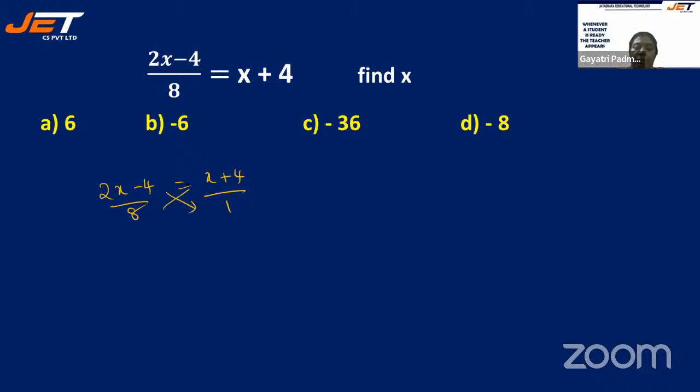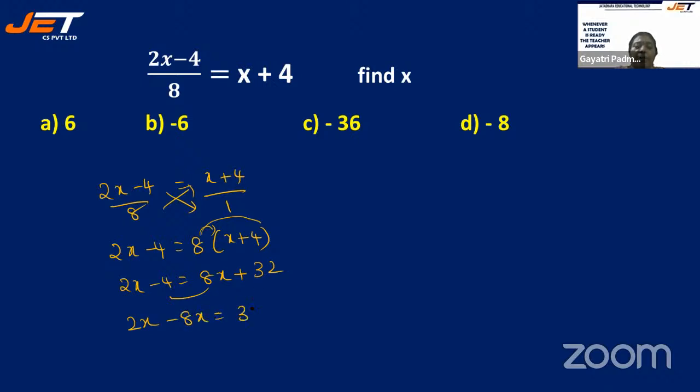So just cross multiply. 2x minus 4 is equal to 8 into x plus 4. So 2x minus 4 is equal to, just multiply 8 into x, it is 8x, plus 8 into 4, 8 4s are 32. Now bring all x together. So 2x, when this plus 8x goes to the other side, becomes minus 8x, equal to 32.